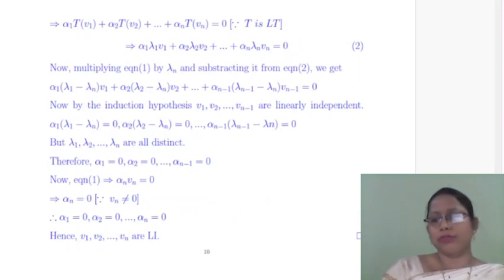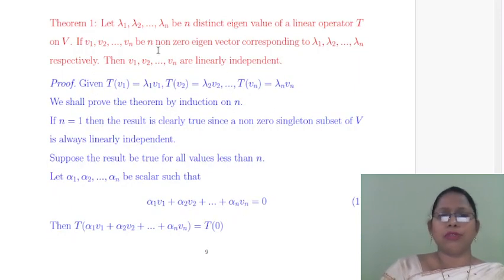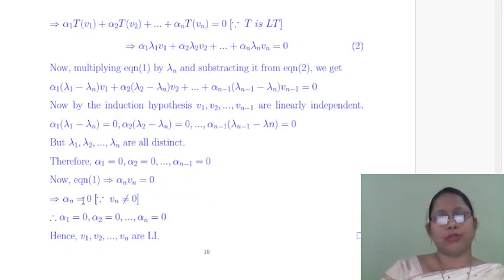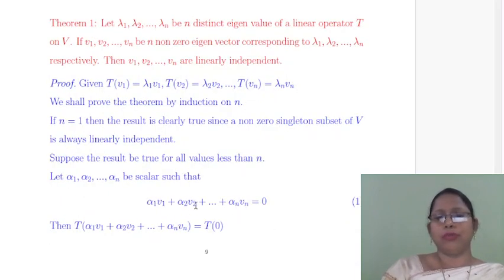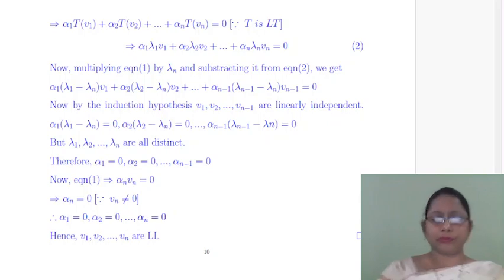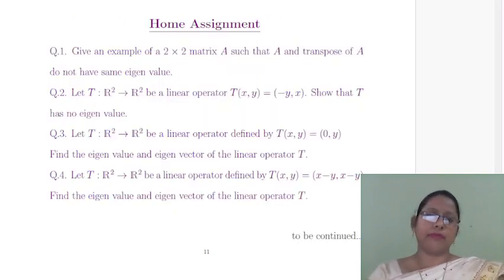As bn is a non-zero vector, b1, b2 up to bn are non-zero vectors, the only option is that the scalar is 0. That is, alpha n is 0. Here we have got alpha 1 is 0, alpha 2 is 0, up to alpha n minus 1 is 0, and alpha n is 0. Therefore, the set of vectors in equation 1, b1, b2 dot dot dot bn, are linearly independent. Hence the theorem.